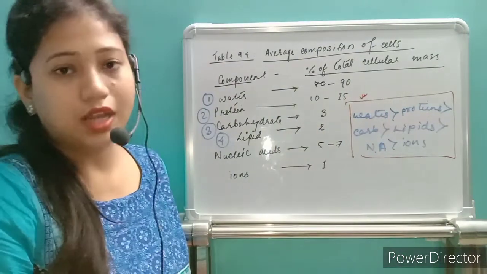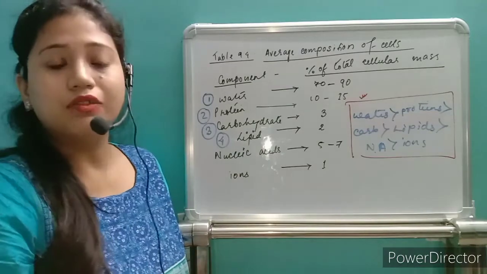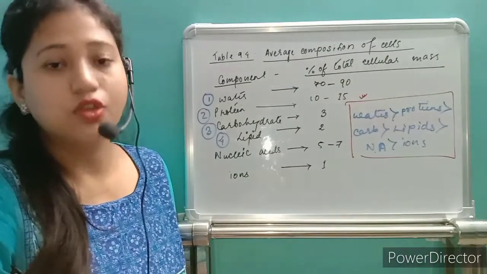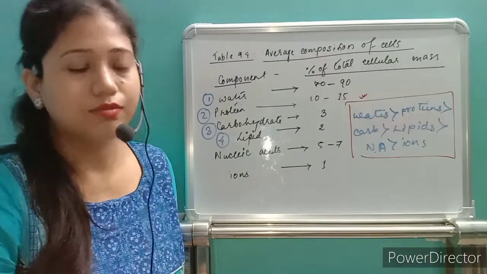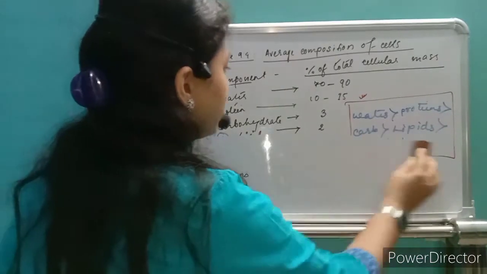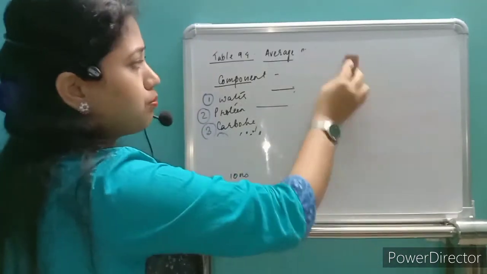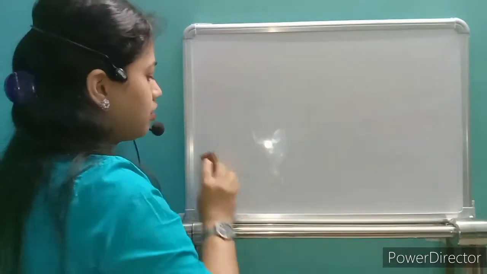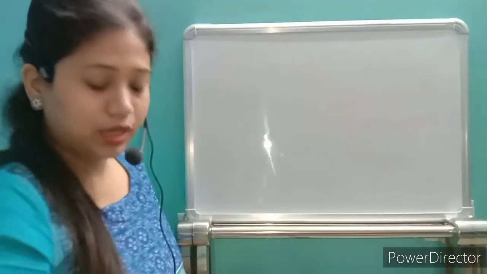Okay, so after that we are moving to a part that will be the different types of metabolites, primary and secondary metabolites. So let us start. What is a primary metabolite and what is a secondary metabolite? See, a cell can contain two different types of components, the primary metabolite and the secondary metabolite.